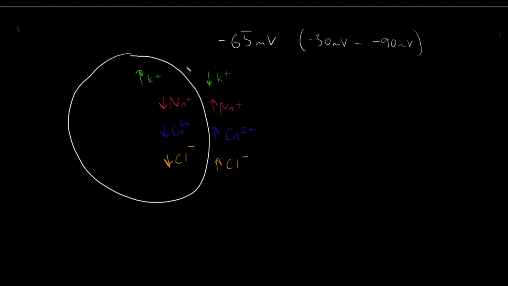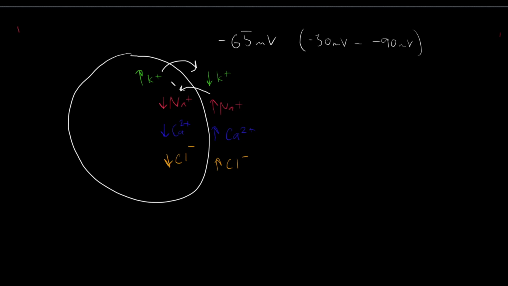Basically, they want to come to an equilibrium where both sides are dispersed evenly. So in potassium's case, potassium wants to go from inside to the outside of the cell. And then for sodium, outside to inside. And yada yada. But that's only one driving force.